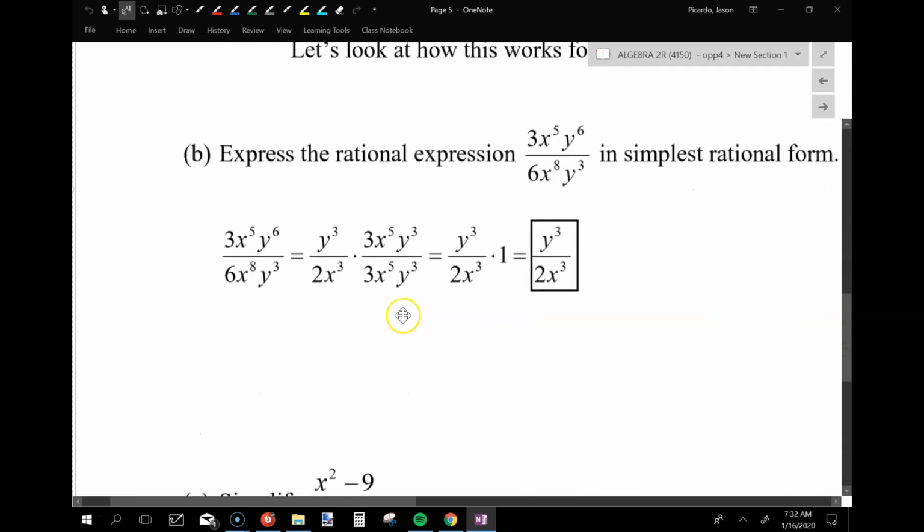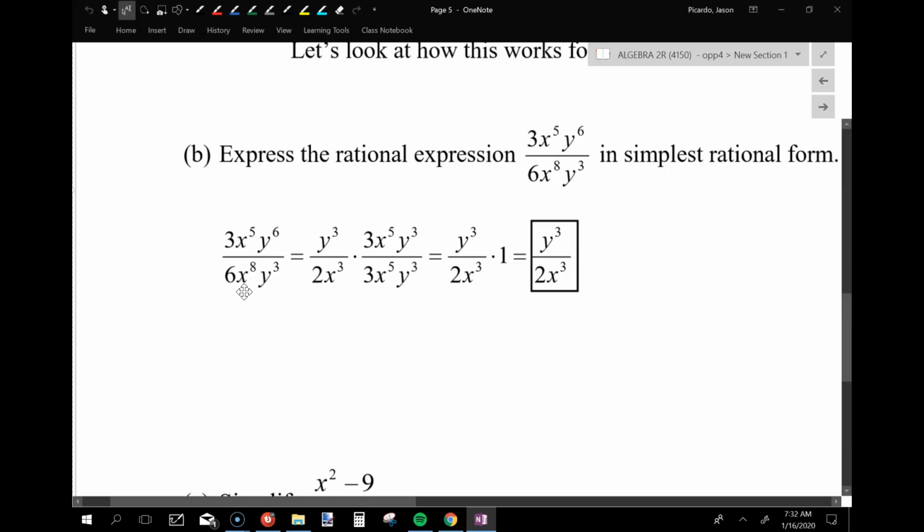So what you're really going to do here, guys, is this. You're going to look at this whole expression, and you're going to look at this whole expression. And you're going to ask yourself, what's the greatest common factor? Well, it has to be a 3. Has to be x to the 5th. Why not x to the 8th? Why would I choose x to the 5th over x to the 8th?